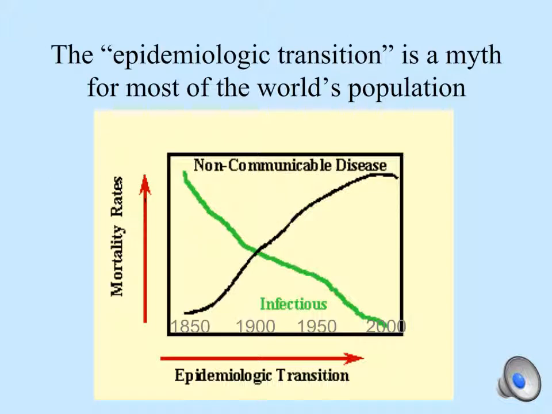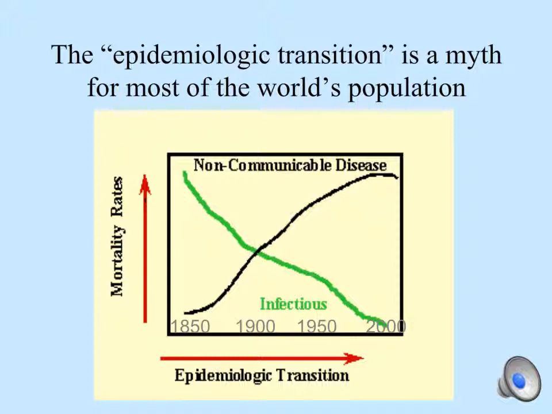I'd like to talk a little bit about one of the basic things we learn in epidemiology, the epidemiologic transition. And I hope that you'll see during this course that the epidemiologic transition is a myth for most of the world's population.